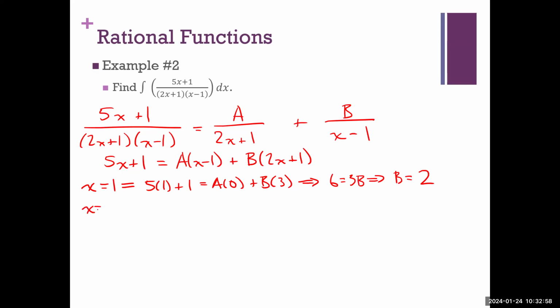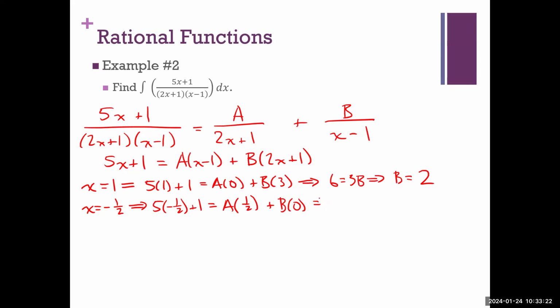What's another good value of x to help me? Negative 1/2. If I do negative 1/2, I have 5 times negative 1/2 plus 1 equals A times 1/2. Right. Plus B times 0.